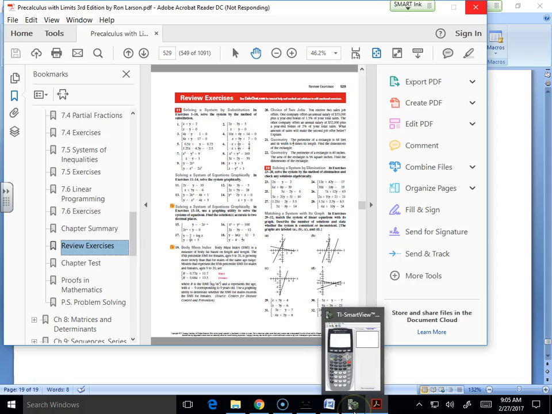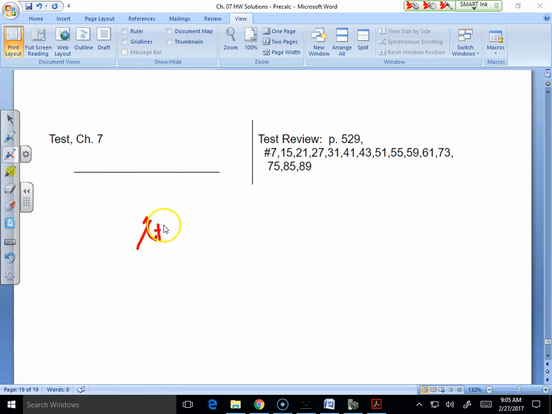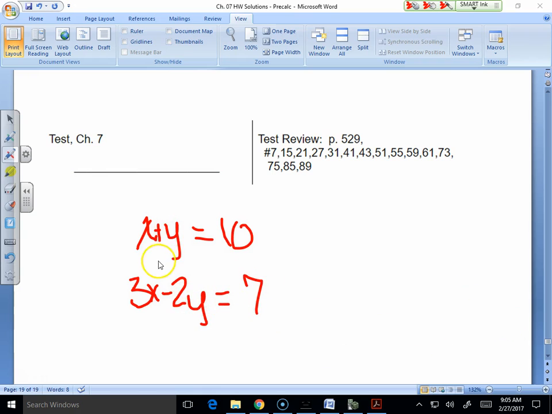Okay, never mind. Let's say I was to ask you something like x plus y equals 10, and 3x minus 2y equals 7. Okay, question. This is from chapter 7, like 7.1, 7.2, substitution, elimination.